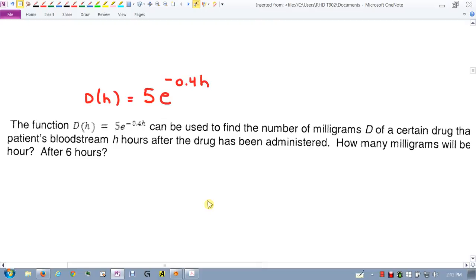Now, this model is only for this specific drug. You go to a different drug, and the number in front and the growth constant will change. They do the research before the drug comes out, and they figure out what that is going to be. Like ibuprofen, you're not supposed to take it again until so many hours later. That's because they know how it's going to drop off, right?